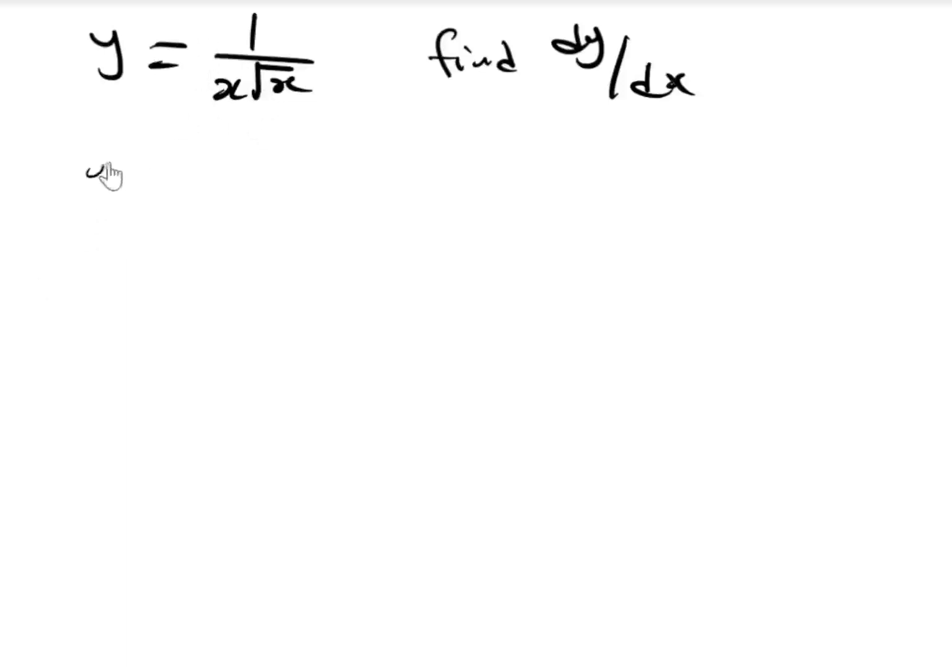We have that y is same thing as 1 divided by x multiplied by x^(1/2), which is the square root of x. And this is equal to 1 divided by, the power of x here is 1. So with the knowledge of indices, we can say that x is same thing as 1 plus half.